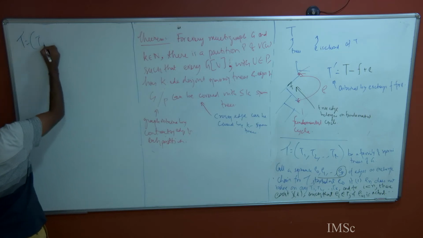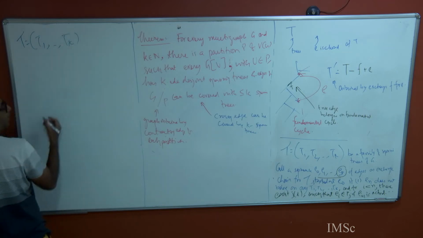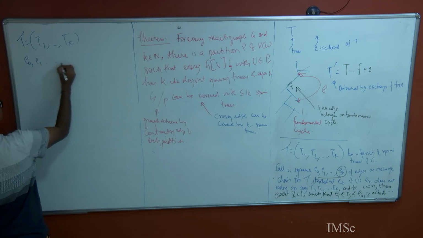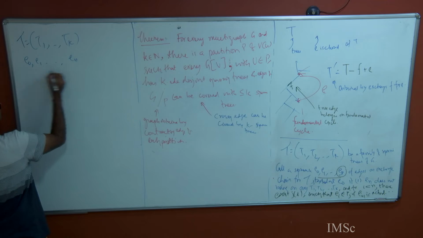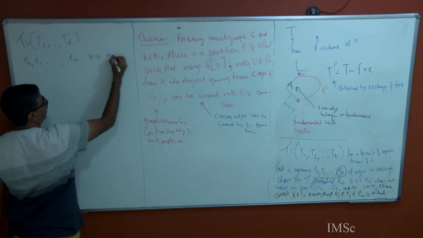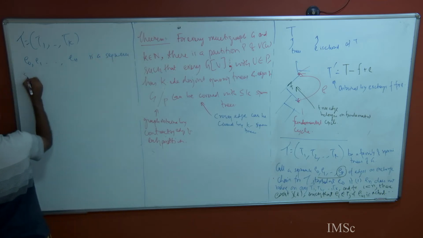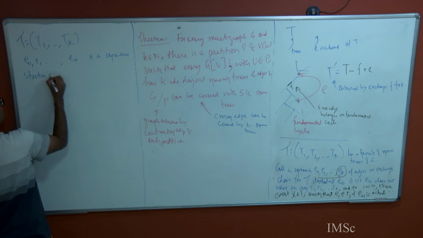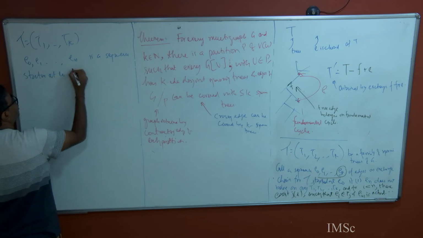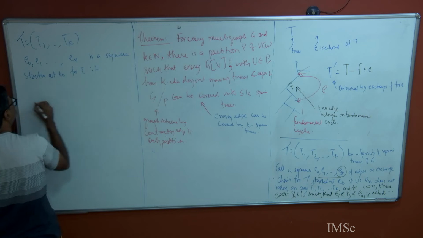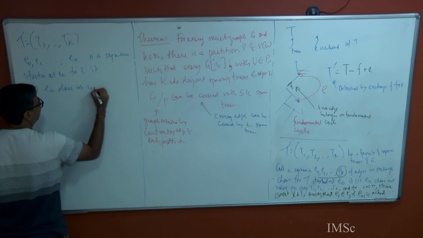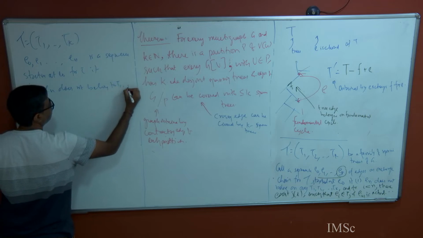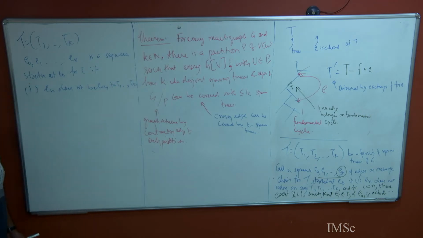Okay, so what I'm saying. Look at T1 to Tk, and you have a sequence of edges E0 to En. I'm going to say that it is an exchange chain starting at E0 for T if some conditions hold. What is the first condition? En does not belong to any of these trees, the last edge.